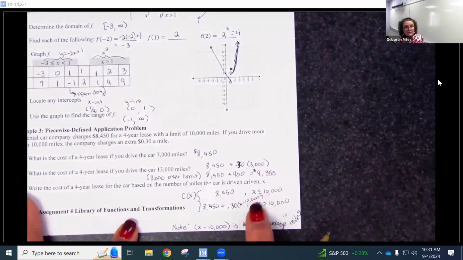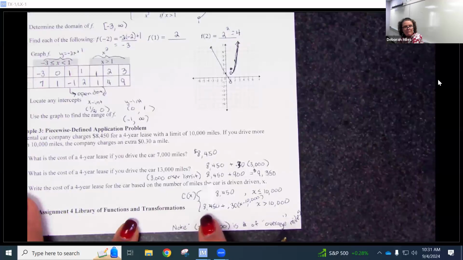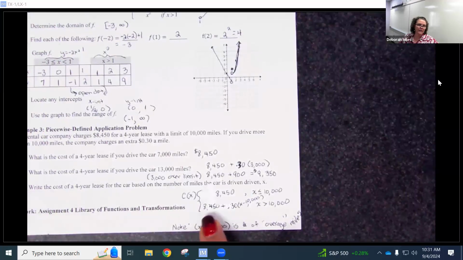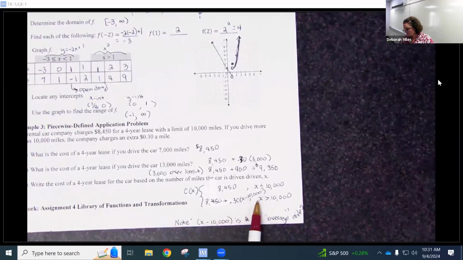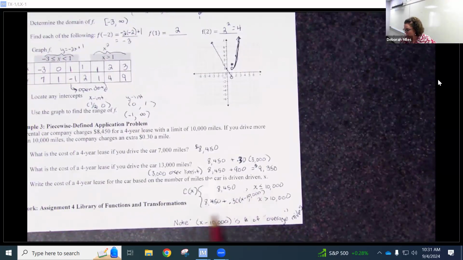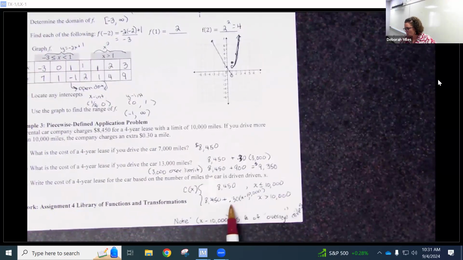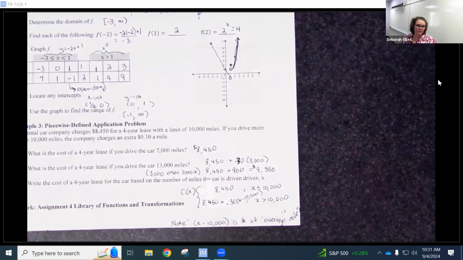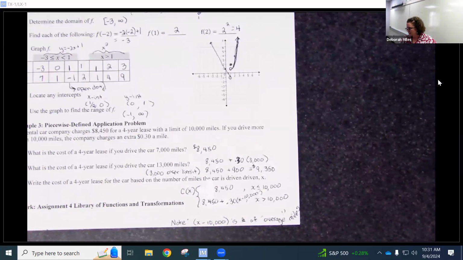You subtract 10,000 from the total number of miles you drove. You multiply that times 0.30, and then you add that flat fee of $8,450. That's the second part of your function. I would bet in MyLab, they would want you to go clean that up, go ahead and distribute the 0.30x and combine like terms. But since I didn't leave myself room to do that, we'll stop right there.